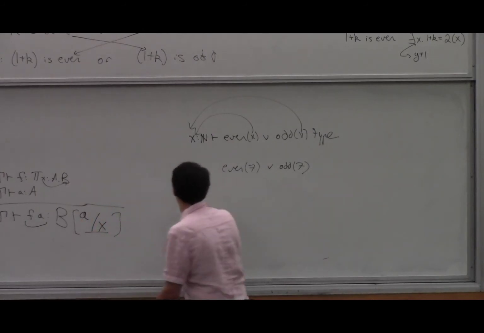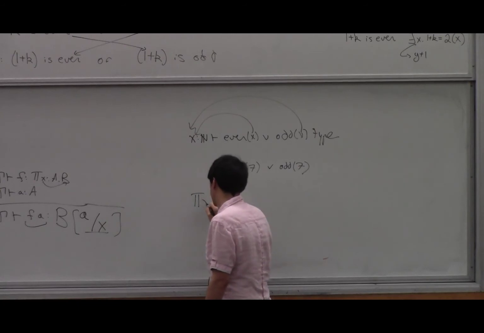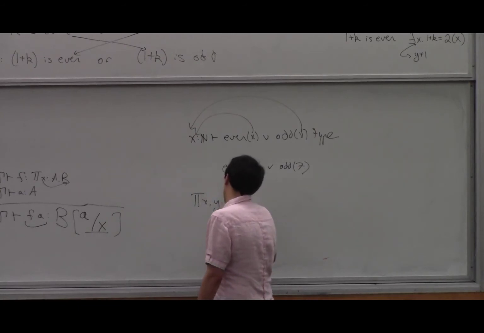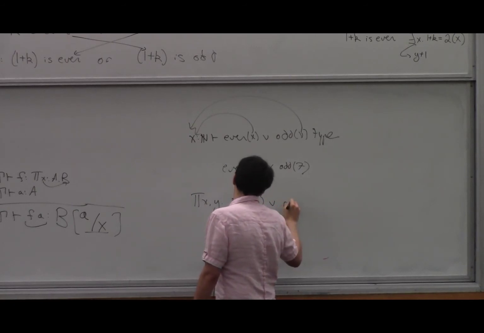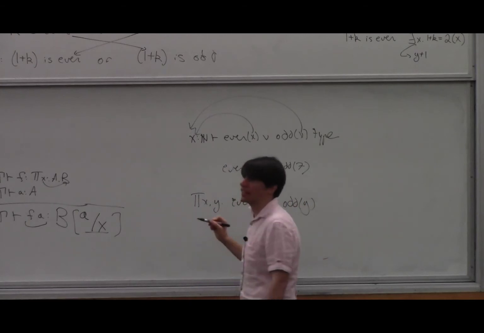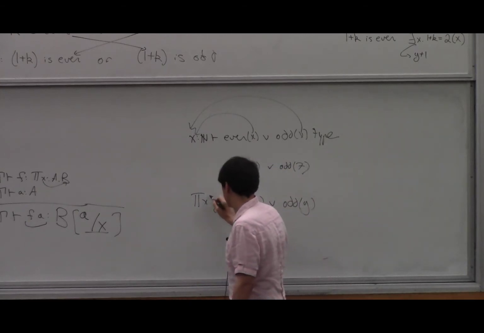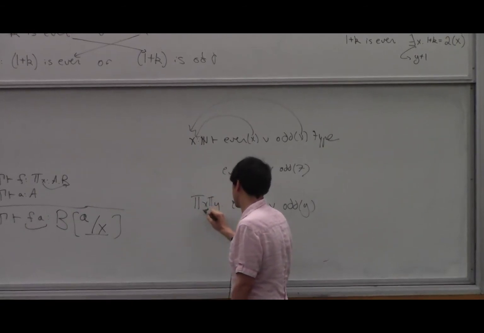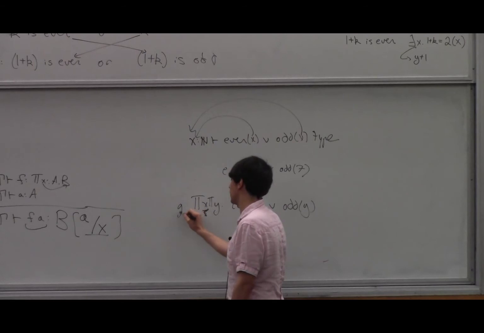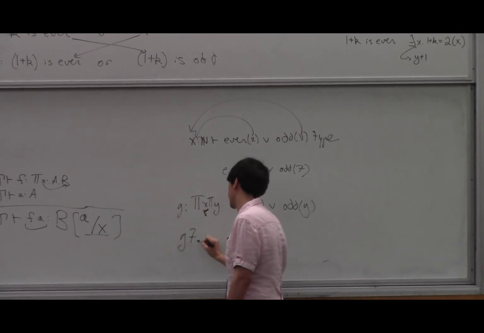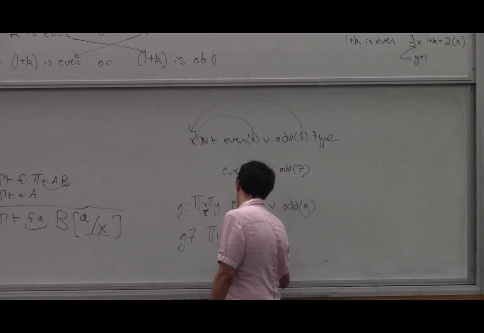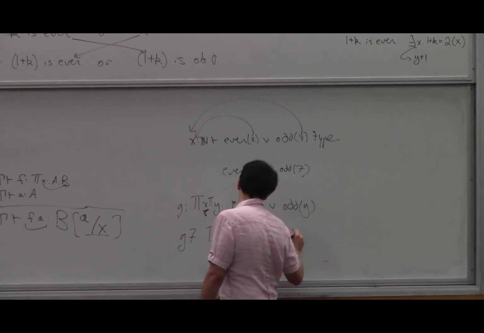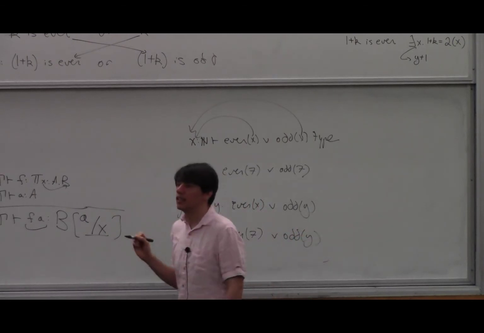If I had a different statement, which was like, for all x and y, x is even or y is odd, then this would be two pi's in a row. Suppose I have a g of that type. When I applied g to 7, what I would get is, for all y, 7 is even or y is odd.